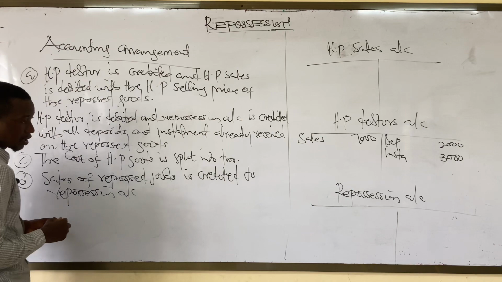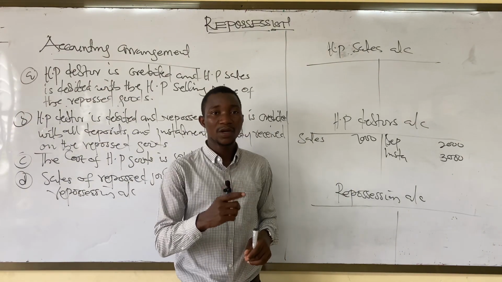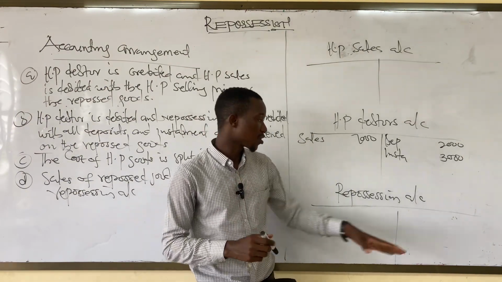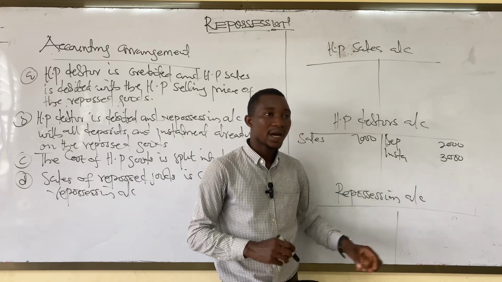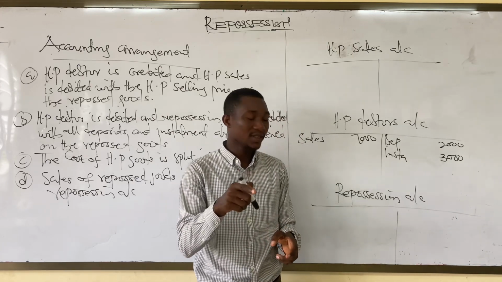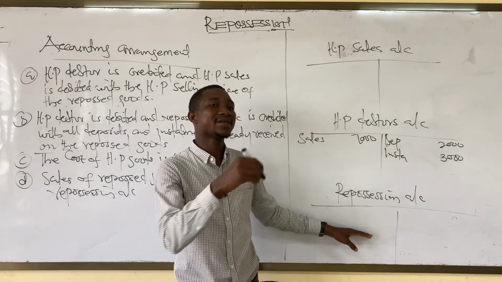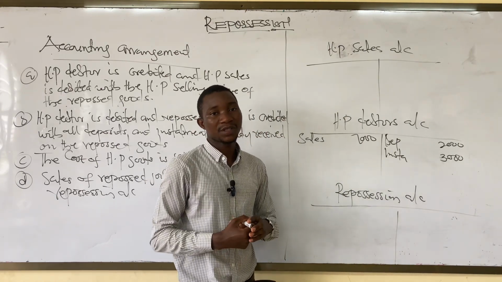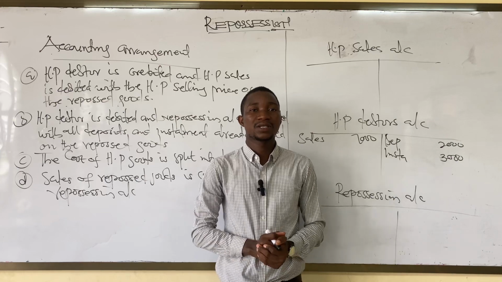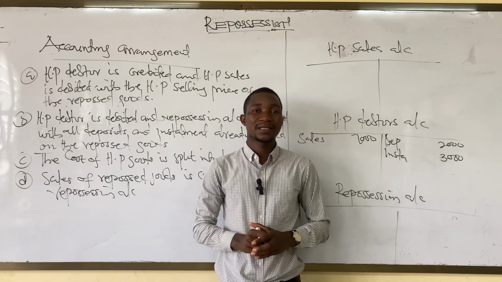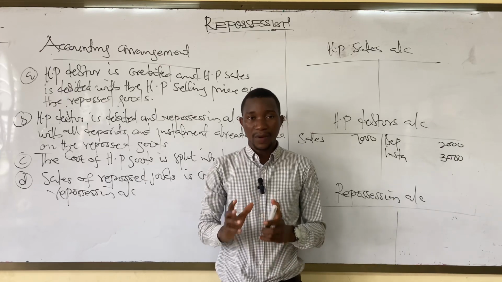Is that okay? So the proceeds on the sales of the repossessed goods should be credited to repossession account, and the cost incurred to sell the repossessed goods should be debited to the repossession account in order to determine the gross profit on the repossession. So these are some few accounting arrangements that we need to understand when it comes to repossession.